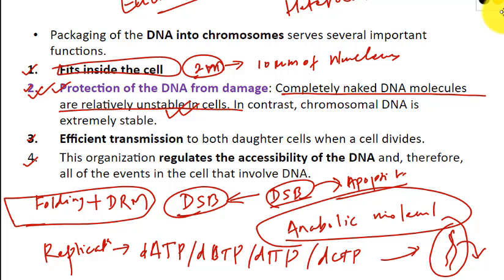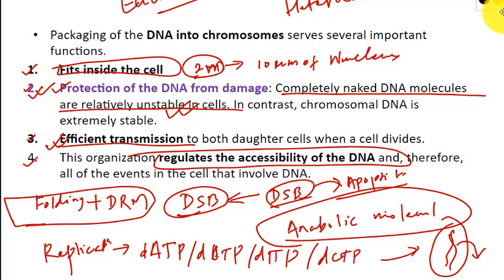Now when DNA is folded, it is very stable and it can fit in the cell. Now the DNA can be transmitted to the next generation without any damage, and then it also regulates accessibility of the DNA. So when folded, no access. When there is less folding, there is access to DNA for transcription.